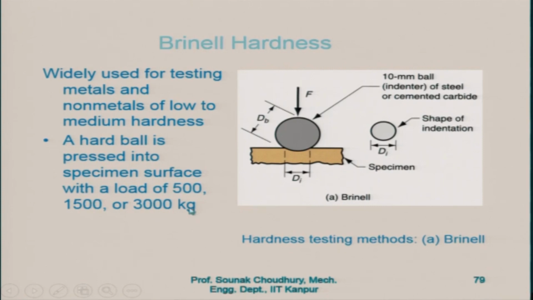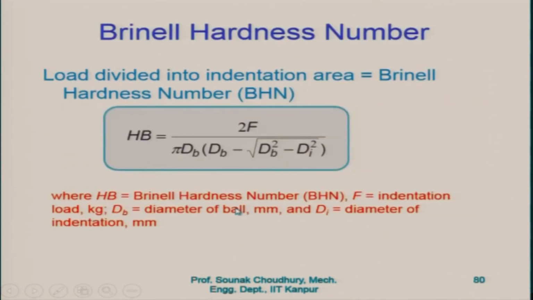The hardness value does mean much only with the load stated, because for 500 it is something, for 1500 it is something, for 3000 it is something else. So, it has to be mentioned that these are the parameters which have been used in the testing, and if it is a standard testing, then a certain value will be used, and that has to be specified.